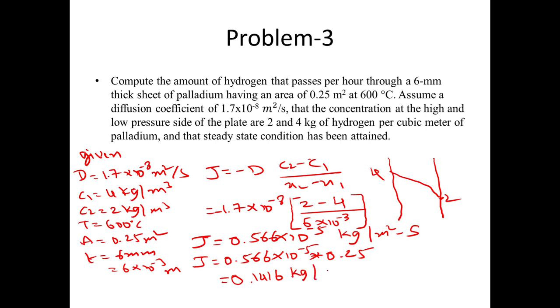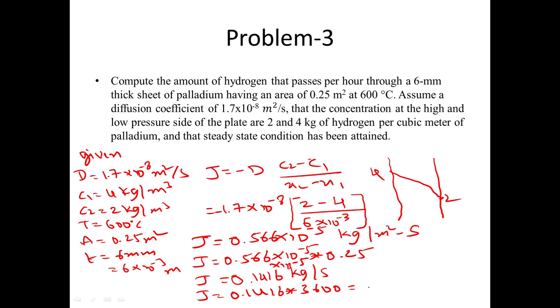We got kg per second, but we need it in the form of kg per hour. That's why we need to multiply 0.1416 into 3600. So this will be into 10 to the power of minus 5.